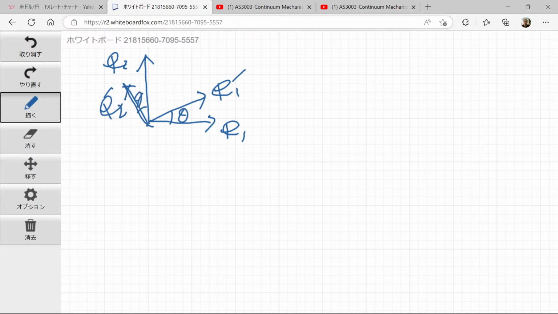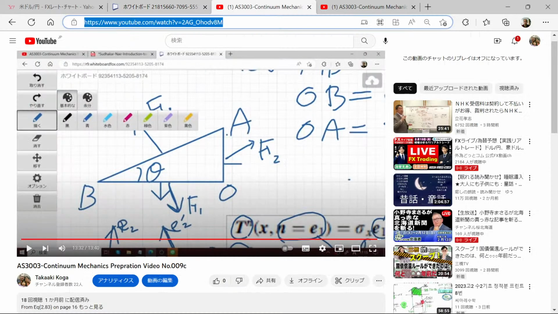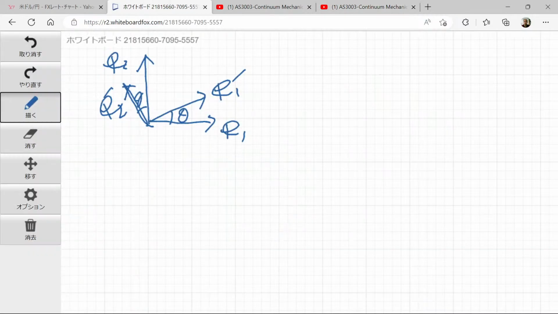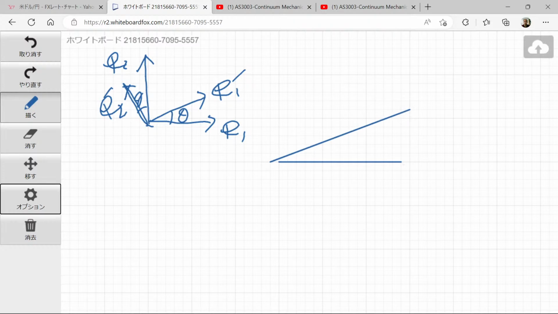Then we now have to consider a different triangle like this. So that means I make this way, this way, this way.